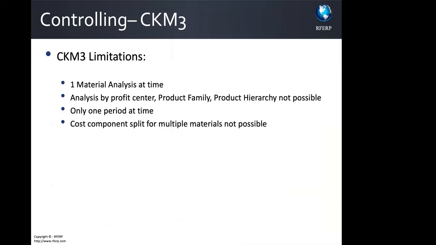And there is no cost component split for multiple materials at the same time. This is, let's say, a gap present in ECC, and it's also a problem that we have in S/4, because in S/4 the KKML0 is still there, but we don't have the possibility to go into the cost component split for multiple materials.